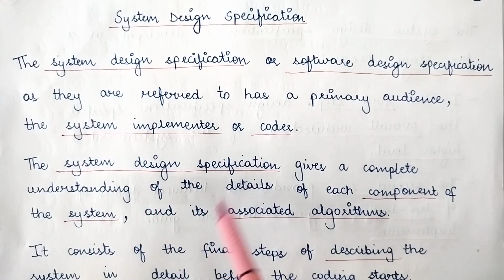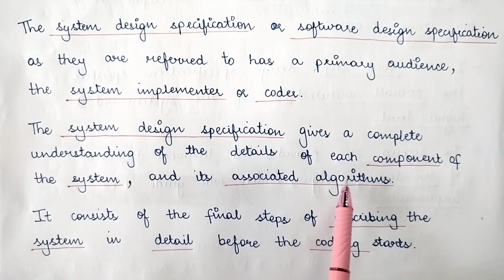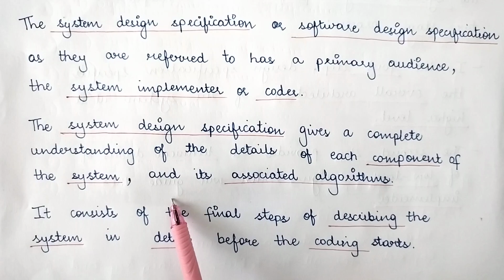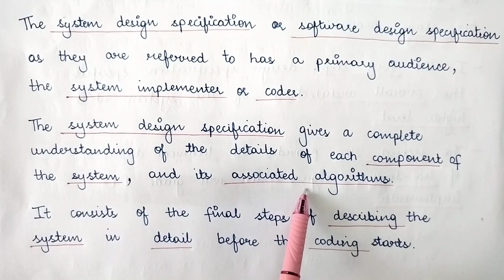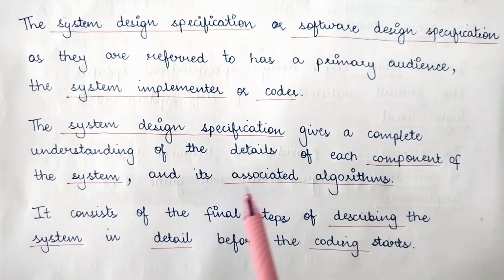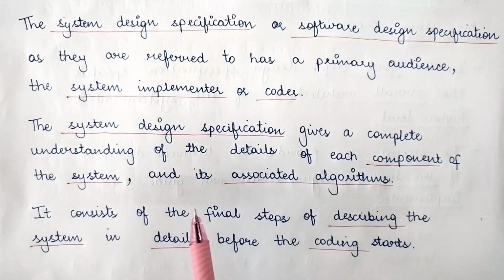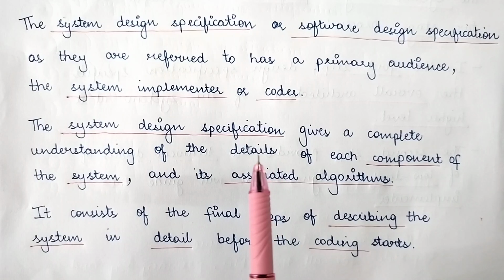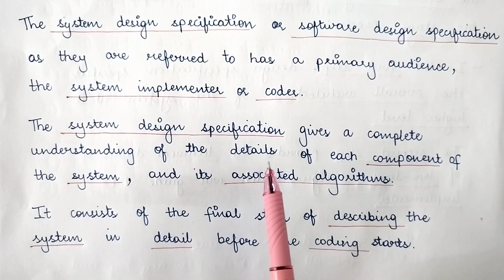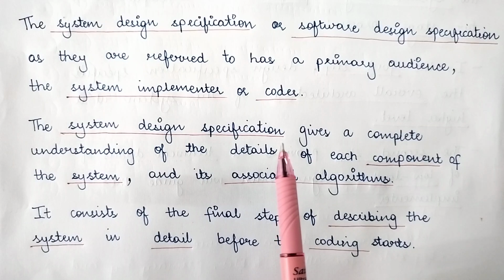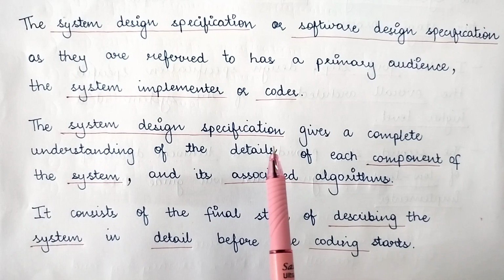The system design specification gives a complete understanding of the details of each component of the system and its associated algorithms. So basically we know a system is divided into various subsystems or modules, so that the complexity of the system reduces and the understandability increases, because the programmers or implementers who will be implementing them in the code should be able to understand it very well.